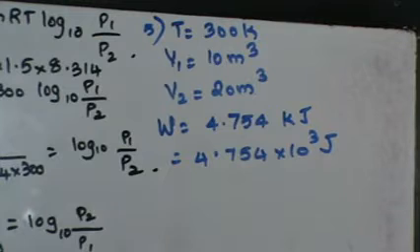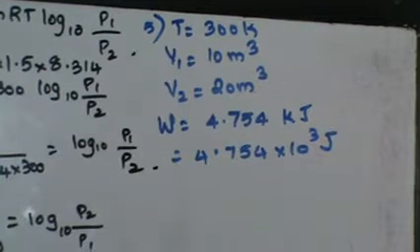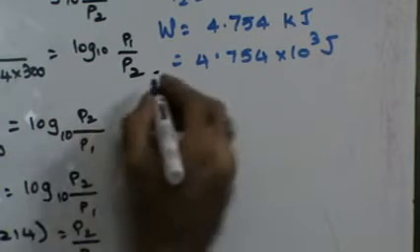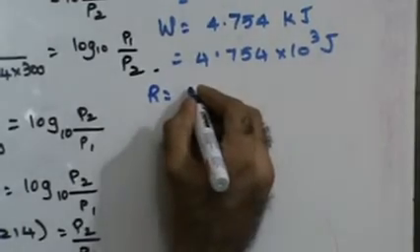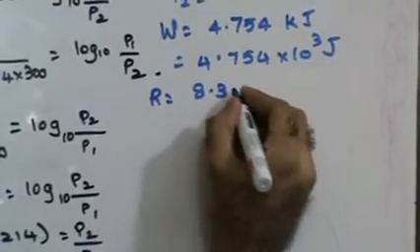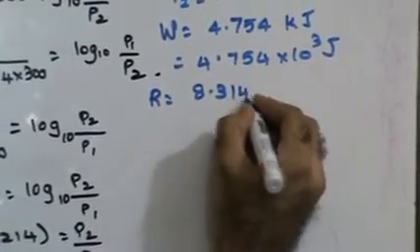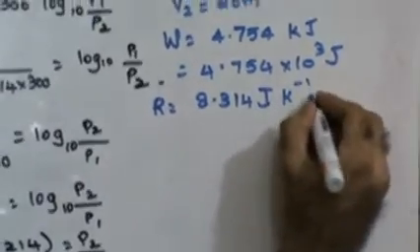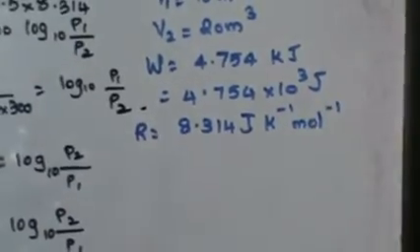Calculate the number of moles of carbon monoxide if R is 8.314 joules per Kelvin per mole.